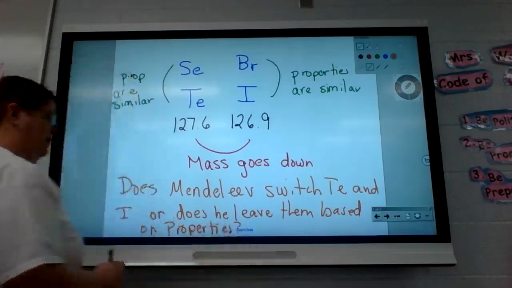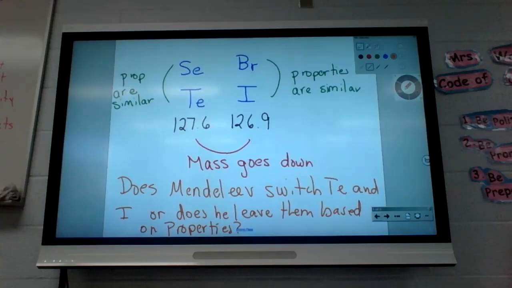Because I has more mass. What does Mendeleev choose to do? Is he going to leave them based on their similar properties, or is he going to switch them because he believes masses should come in numerical order? He is going to keep it like that.